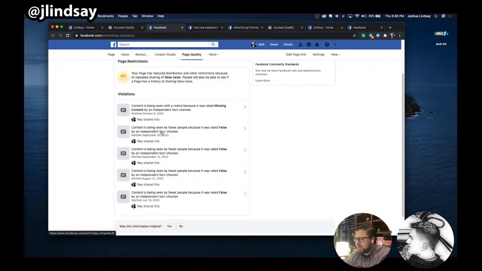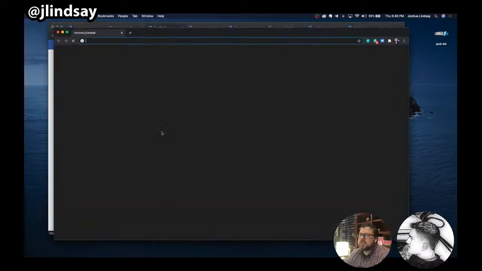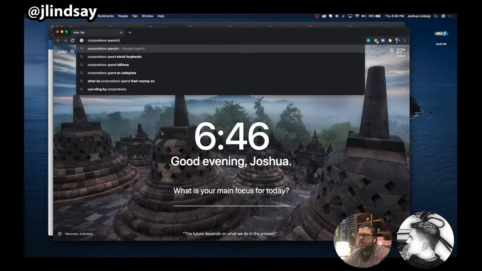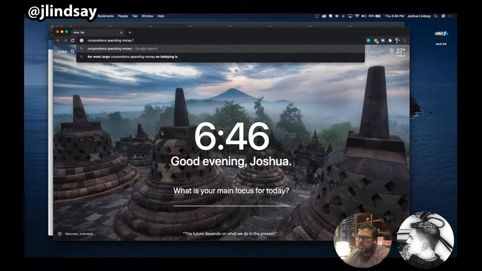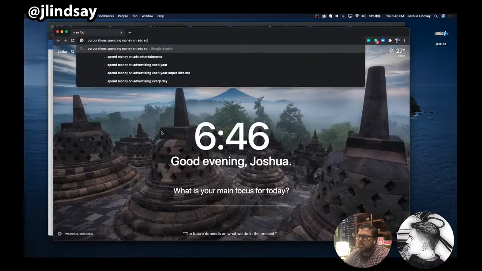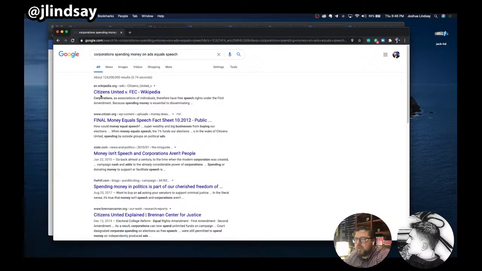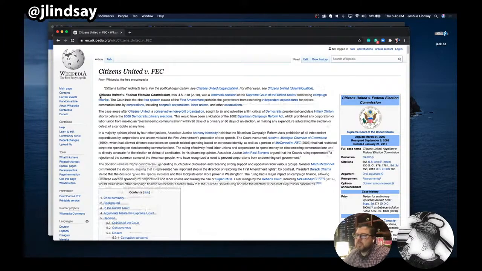What was the one that says that corporations spending money on ads constitutes speech? Corporations spending money on ads equals speech. What was that called? Yeah, it was Citizens United versus the FEC, Wikipedia.